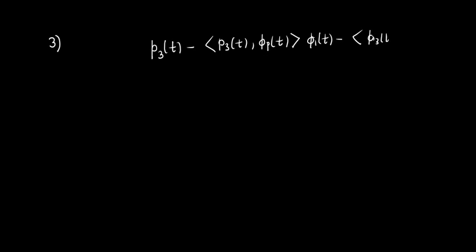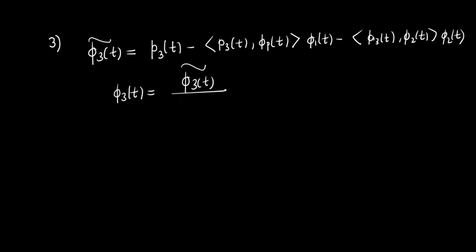Now, you have two orthonormal bases with you, phi 1T and phi 2T. So, now your job is to first find the projection of your waveform over phi 1 t and over phi 2 t. You call it phi 3 tilde t, and the orthonormal basis will be a scaled version of it, so just scale it by its energy.